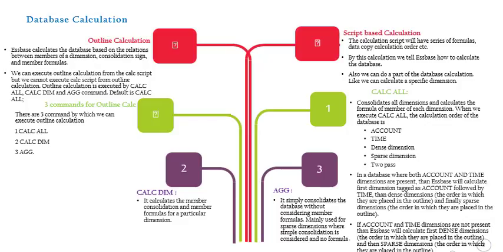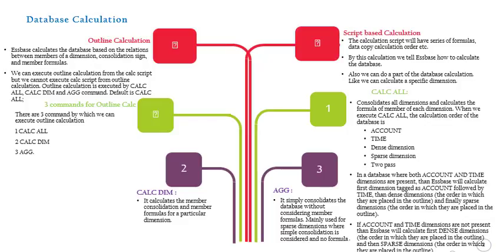When we execute calcall, the calculation order of the database is account, time, dense dimensions, sparse dimensions, two pass. In a database where both account and time dimensions are present, Essbase will calculate first the dimension tagged as account, followed by time, then dense dimensions, and finally sparse dimensions.